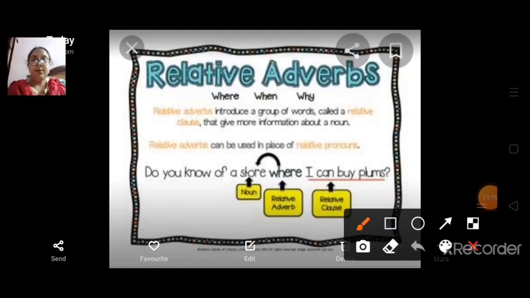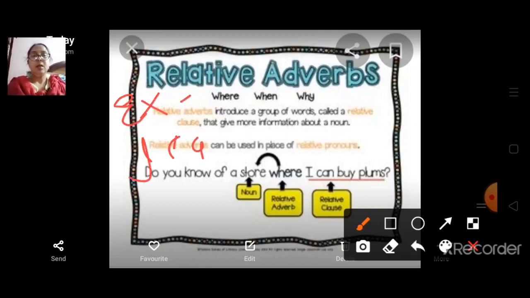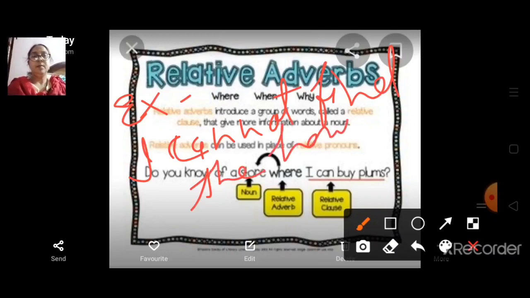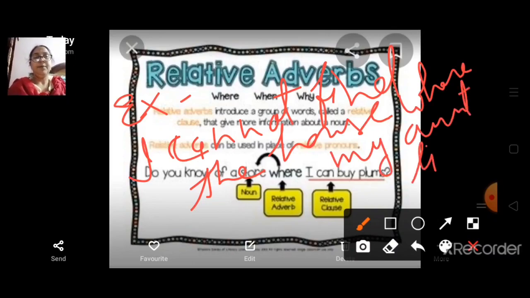So let's see a few examples of relative adverbs. First, I cannot find the house where my aunt lives.